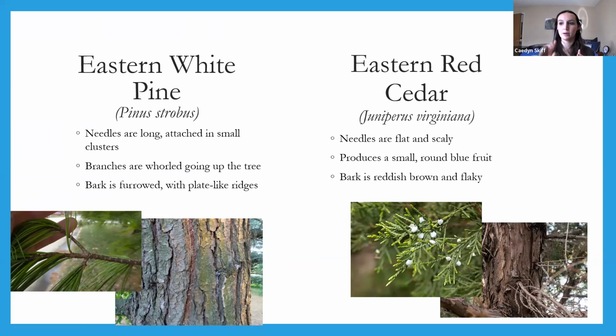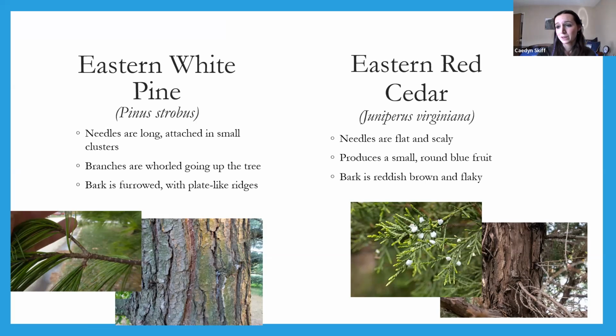If you stand underneath a white pine and look up the tree, it's got whorled branch shapes. So the branches are coming from all points in a circle around the trunk. And then it has very furrowed bark with thick ridges. They're very plate-like going down that tree.